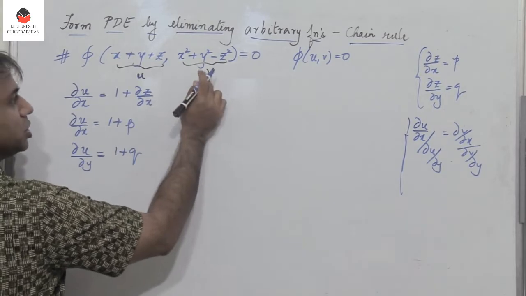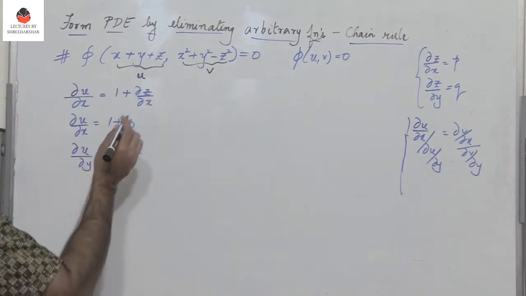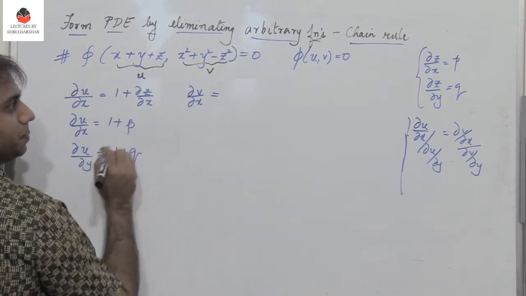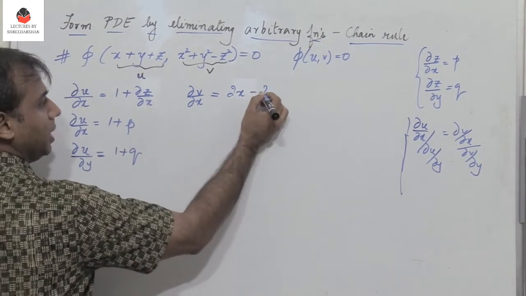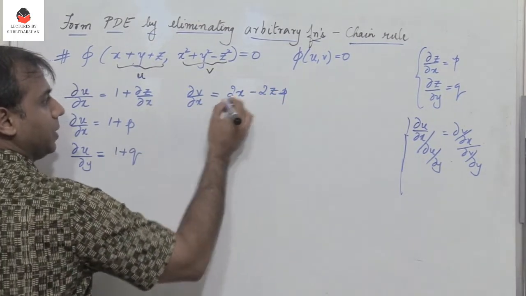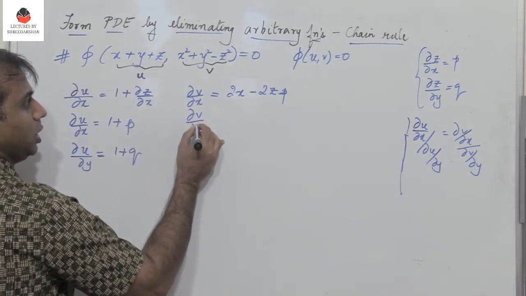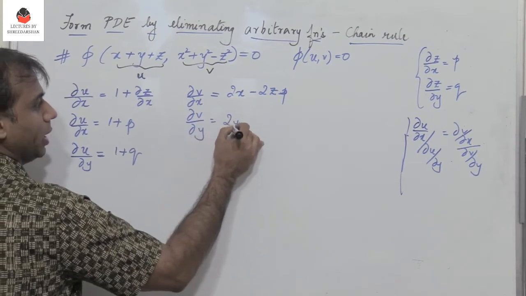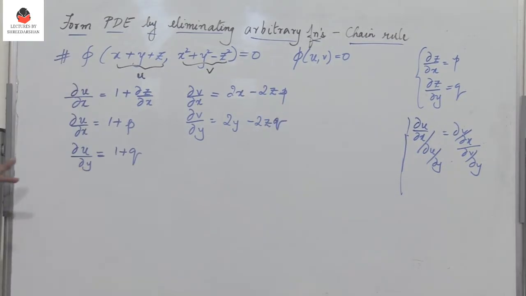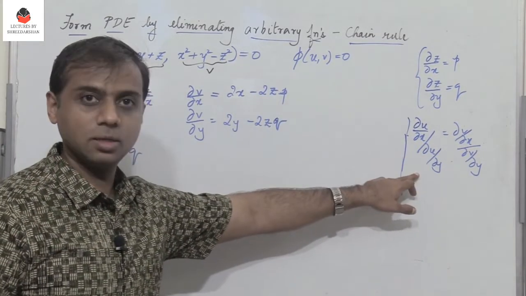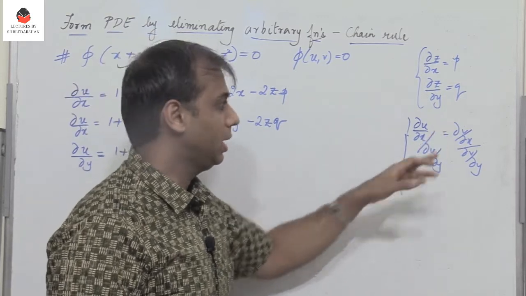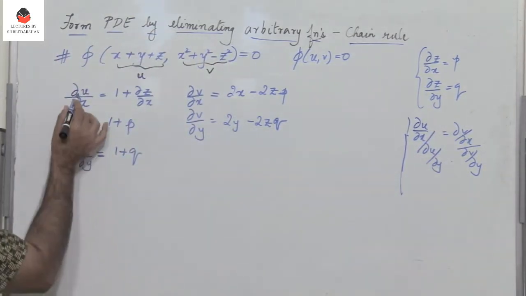Now partially differentiate v with respect to x. So del v by del x equals 2x minus 2z del z by del x, which is p, and partially differentiate v with respect to y, which is 2y minus 2z del z by del y, which is q. Now we have to use this relation del u by del x divided by del u by del y equals, so what is del u by del x?